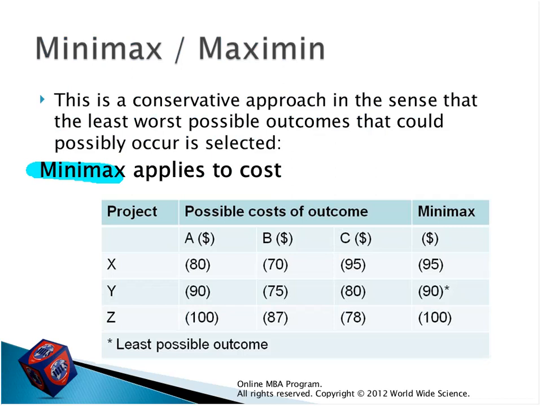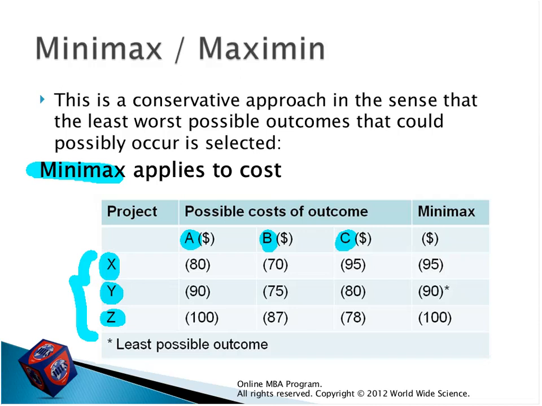So we have three projects: project X, Y, and Z. Sorry, here are the names of the projects. And we have some possible cost outcomes of those projects, and there will be a different one, how much we can spend on each project.